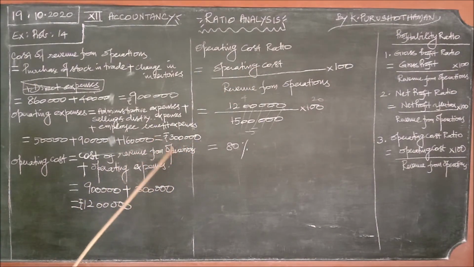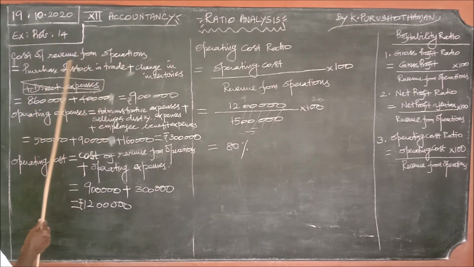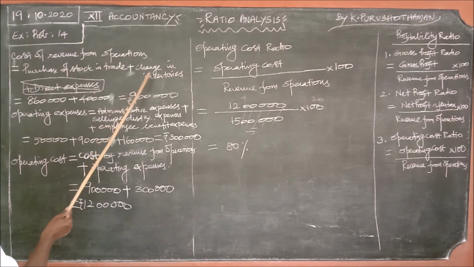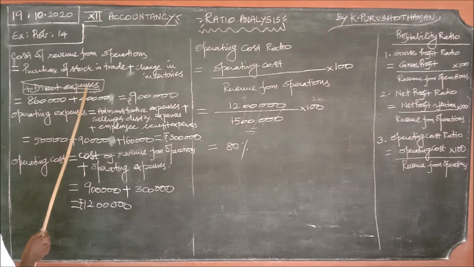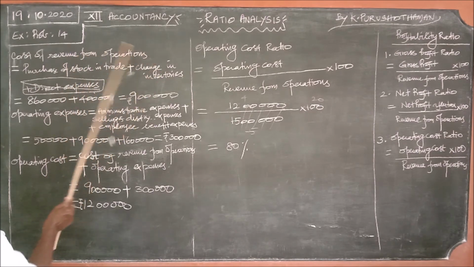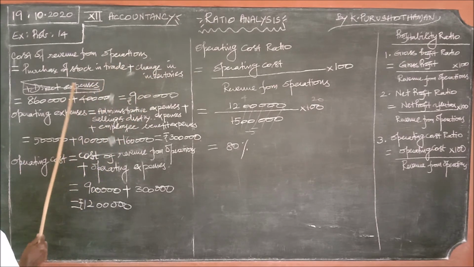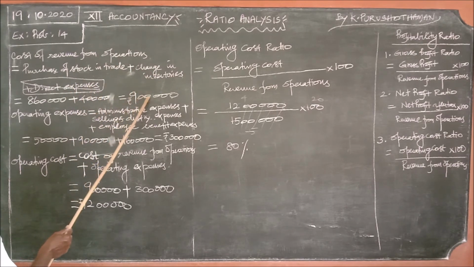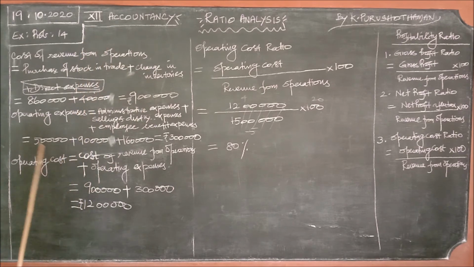So what is cost of revenue from operations? Here, purchase of stock in trade plus change in inventories plus direct expenses like wages. In this problem, only these two are given. Therefore, we have written no direct expenses given. Therefore, it is equal to 9 lakhs. Then what about operating expenses?